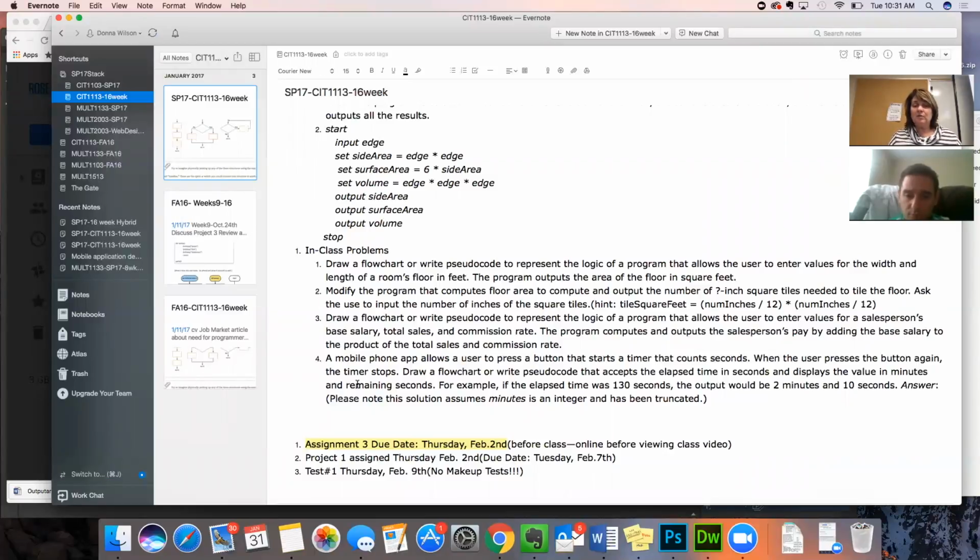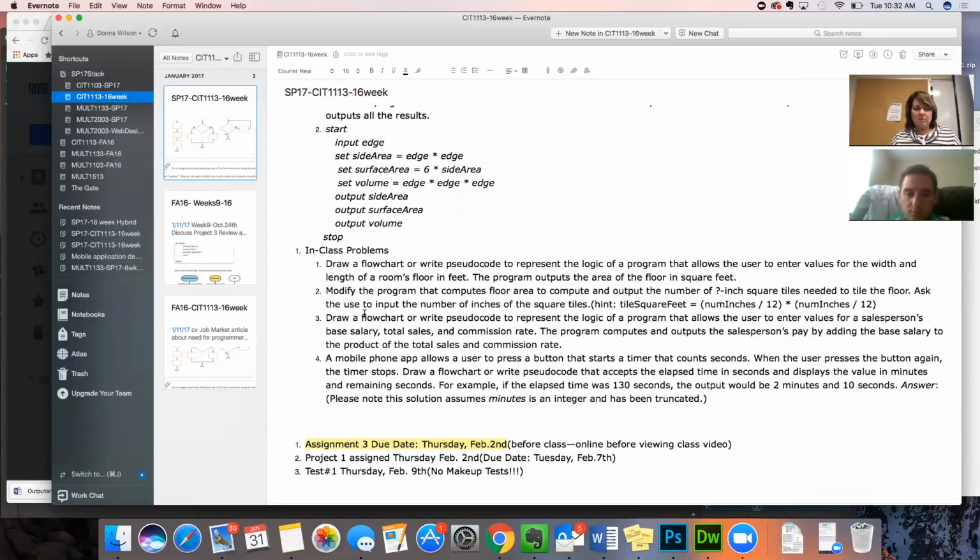The user has to input how many seconds, and you need a calculation that outputs the number of minutes and the number of seconds. This solution assumes minutes is an integer and has been truncated, so when you divide, it's not going to tell you how many seconds are left.